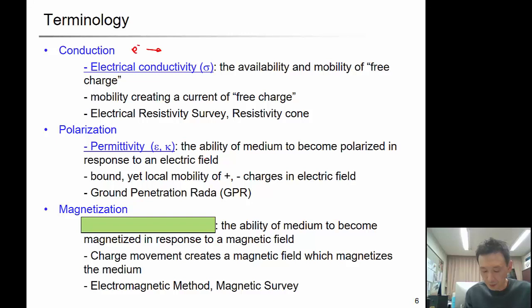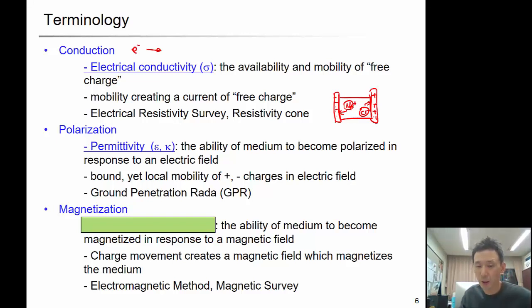epsilon or kappa. Permittivity describes the ability of the medium to become polarized in response to an electric field. For example, if you have water with some ions, like sodium and chloride, and you apply an electric field with plus and minus poles, the sodium will move to the negative electrode, the cathode, and the chloride will move to the anode.